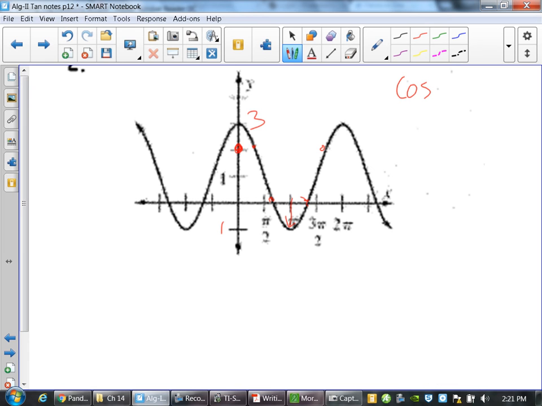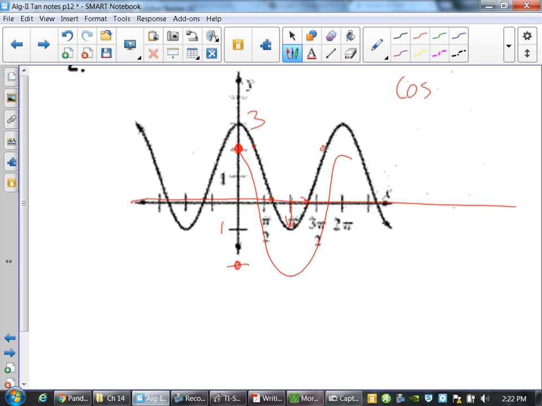Because if you had this, it would go up to 2, it would go down to 2, but it's all been moved up 1. That way there's this imaginary line through 0 that's equal above and equal below. It moved up.